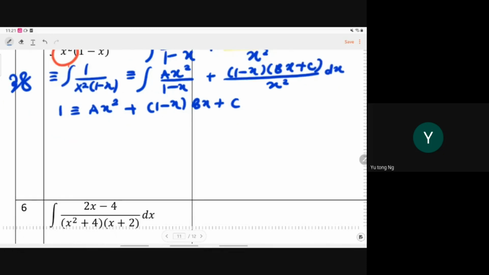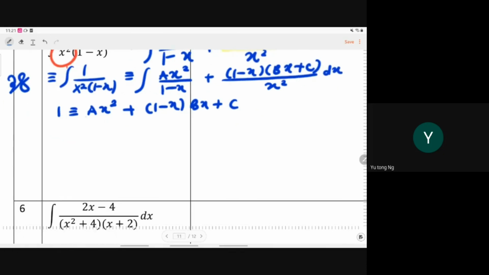Okay, so senang je. When we try to find b, dia akan jadi kosong lah. So 1 equivalent to, when your x equals to 0, 0 plus 1 times (b kosong plus c). So from here you can find your c.